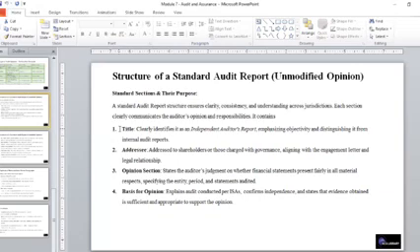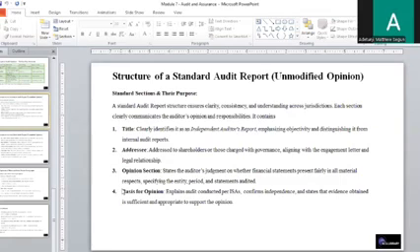Another is the opinion section. Under this, it states the auditor's judgment on whether financial statements present fairly in all material respects, specifying the entity, period, and statements audited.